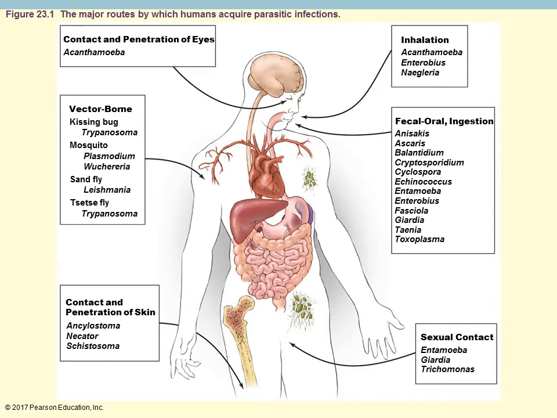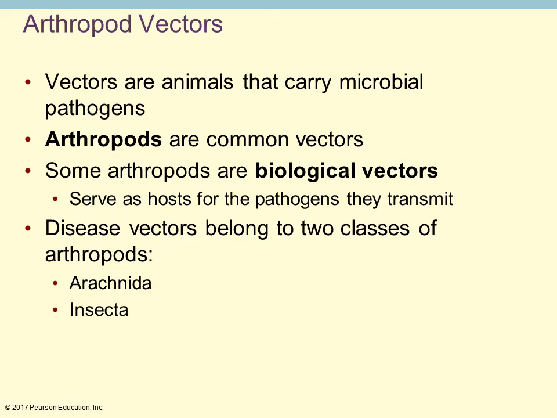This just shows the different routes in which humans can be infected with parasites: contact with the eyes, through the skin, inhaling it, fecal-oral transmission, sexual contact, or with a vector. So a vector is any animal that's going to carry the pathogen.